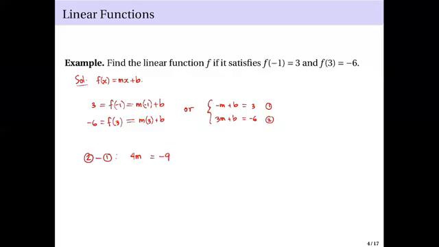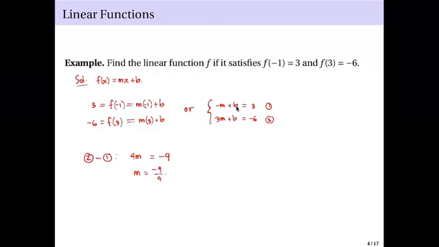And therefore, we can solve for m. M will be -9 over 4.